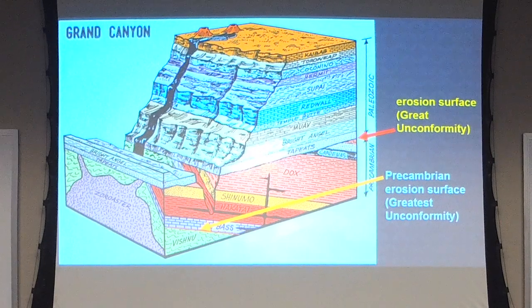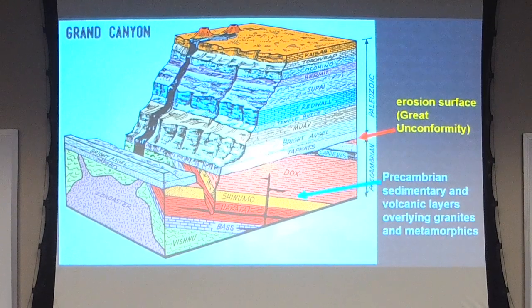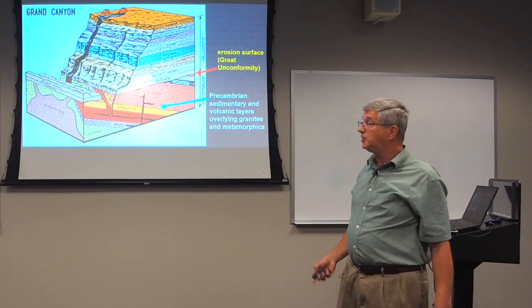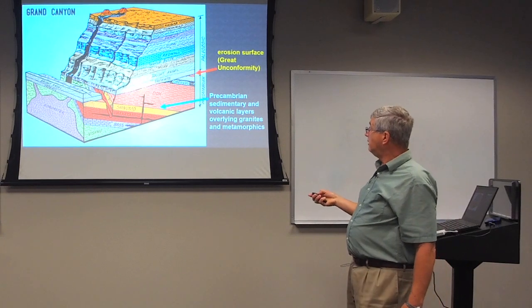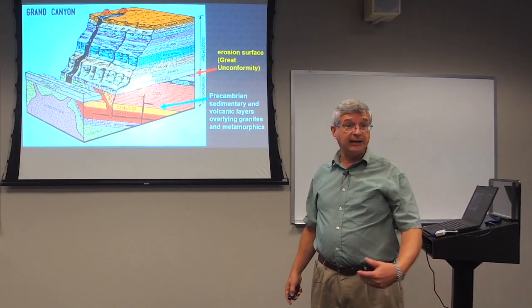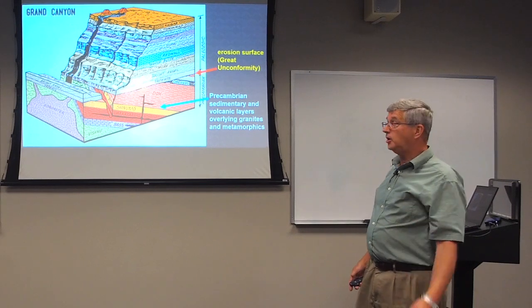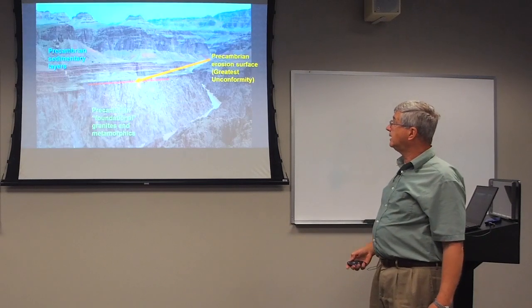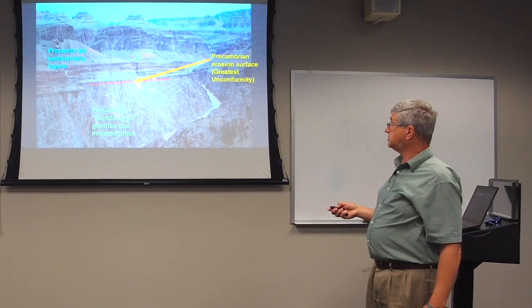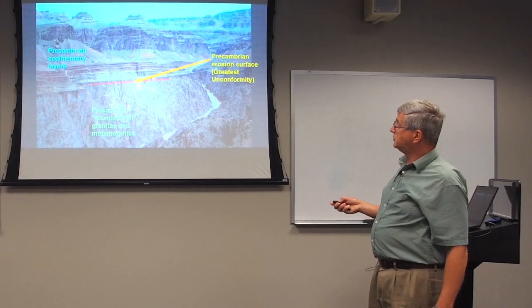And then sitting on top of that, we have these Precambrian sediments and volcanic rocks that may be part of that great regression sequence. And also, eventually leading up, the last of these might represent pre-flood era rocks. And Kurt will have something more to say about that later. So here in real life, we can see, again, these granites and metamorphics of the inner gorge.